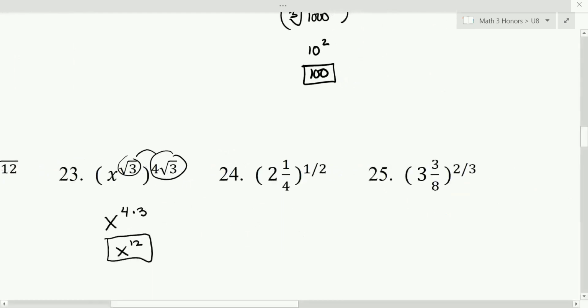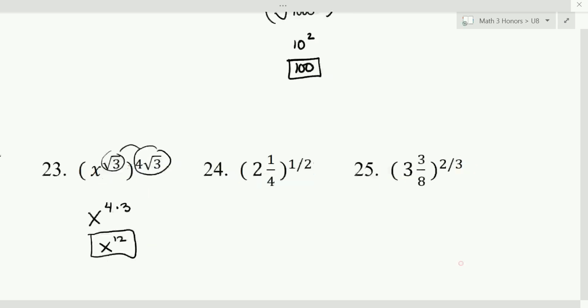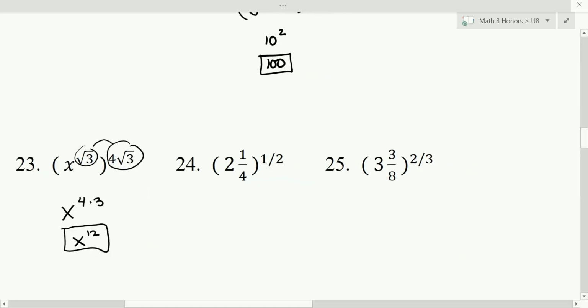24 and 25, I'll do one of those. Let's do 25. What do you think we're going to have to do on 25? Anybody know what this is called when they write fractions like this? 3 and 3/8? Mixed number, right?